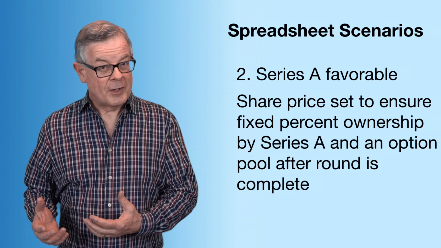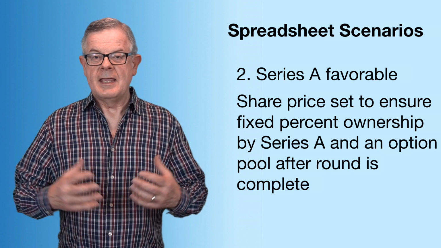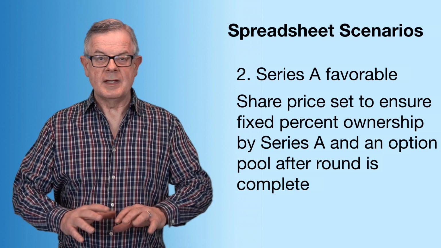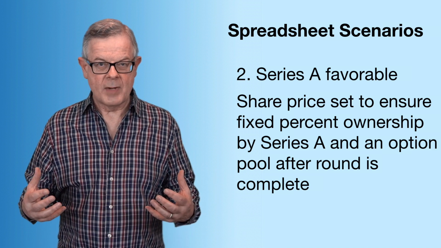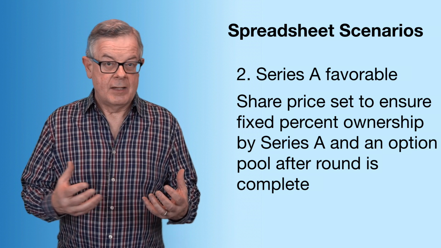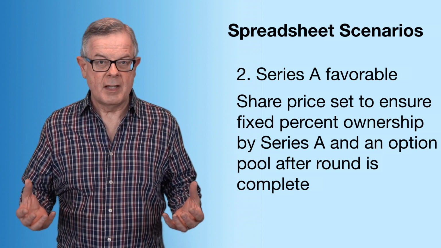The second scenario is more favorable to the Series A investors. In this scenario, the share price is set to the right price such that at the end of the entire round, after all the notes have converted, the Series A investors are getting a specific percentage of the company.